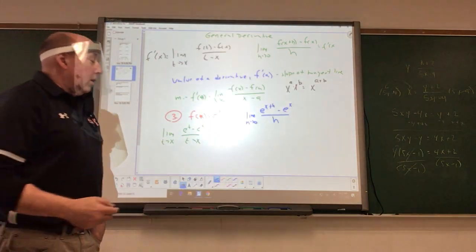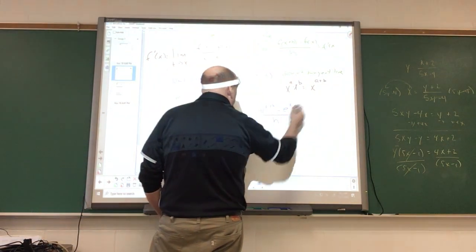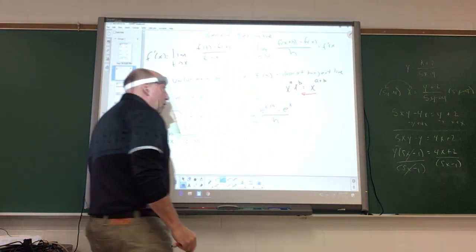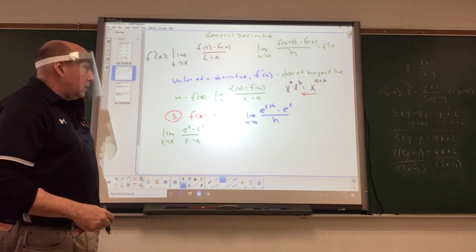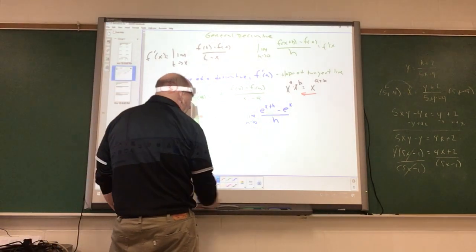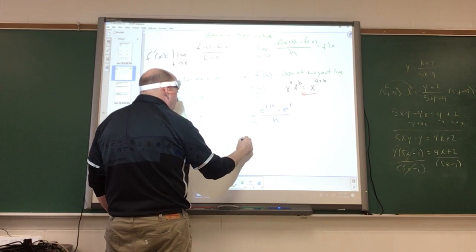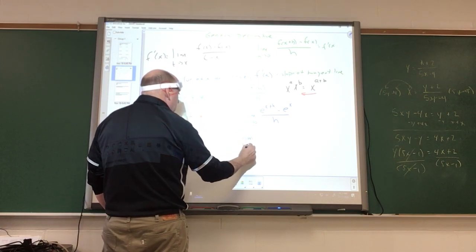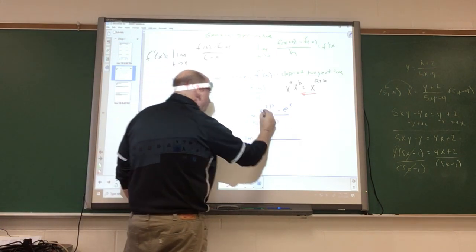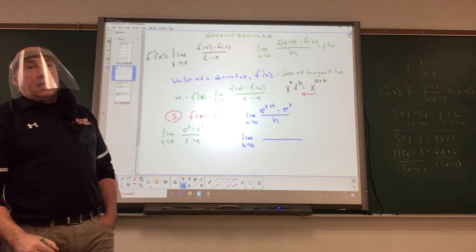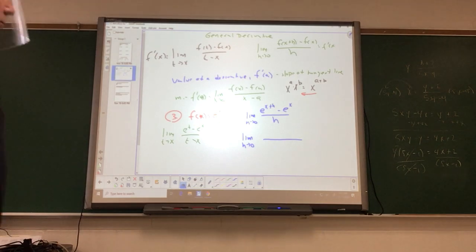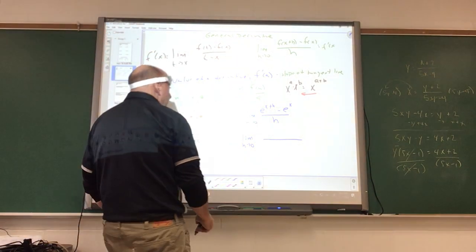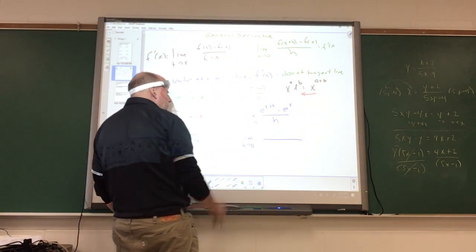Well, this property also goes in reverse. If we take it in this direction, if we have x to the a plus b power, this is x to the a times x to the b, which now allows us to rewrite e to the x plus h power. Liam, how can I rewrite e to the x plus h power, utilizing that property?